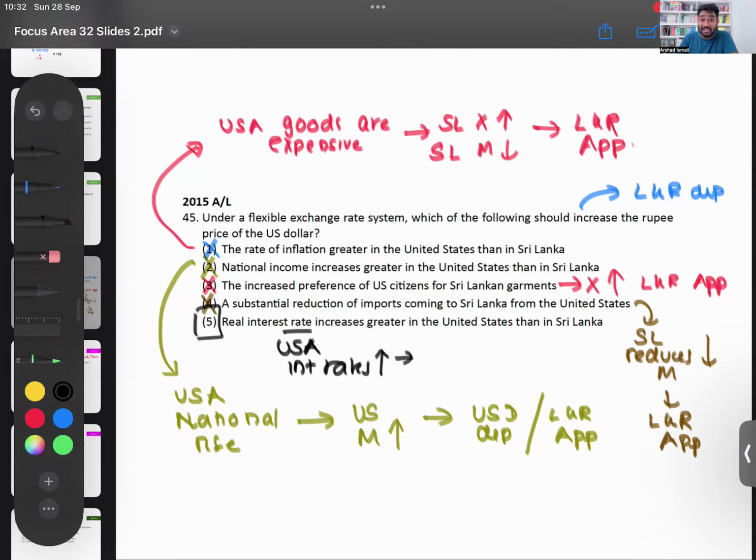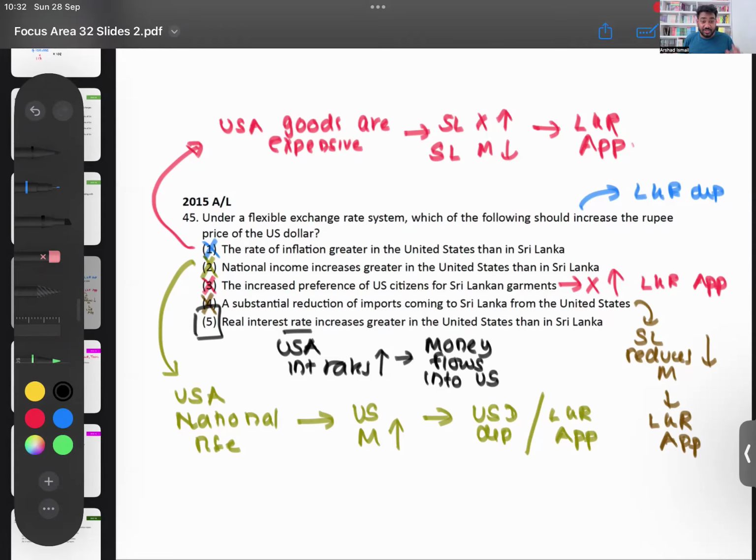Who is giving a better return for the investor? The US is giving a better return. US real interest rates are high. So if US interest rates increase, more money flows into the US. This is the connection between monetary policy and exchange rate. When interest rates increase or decrease, money flows happen.